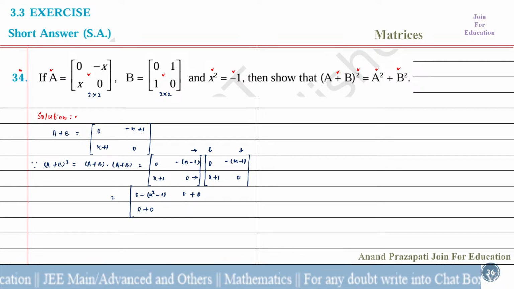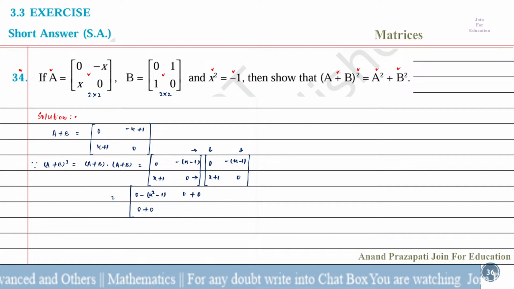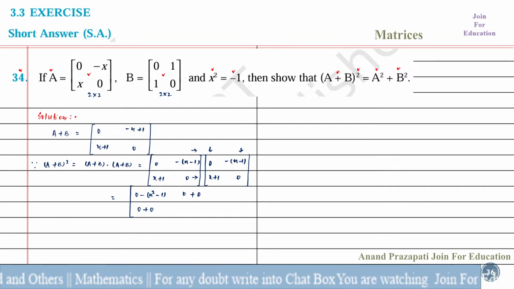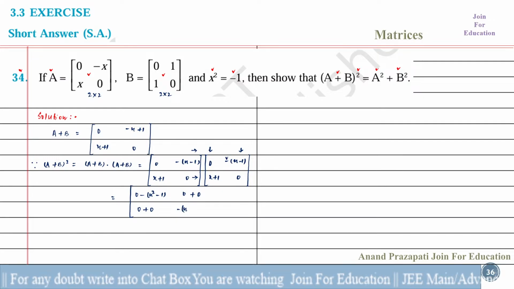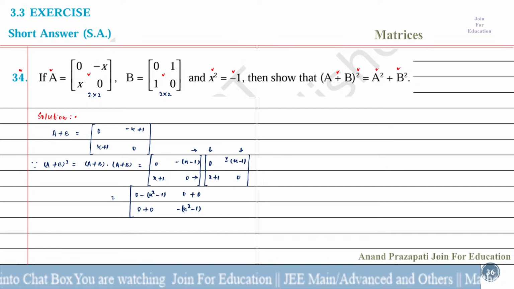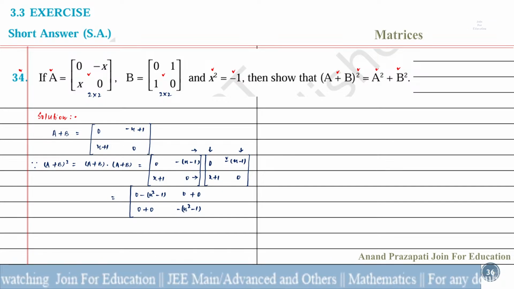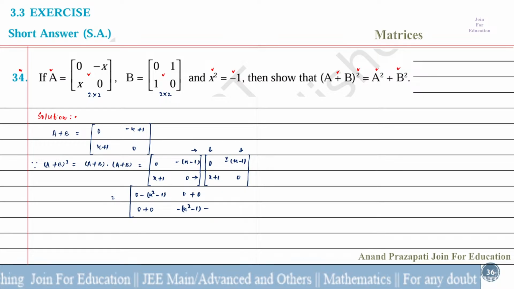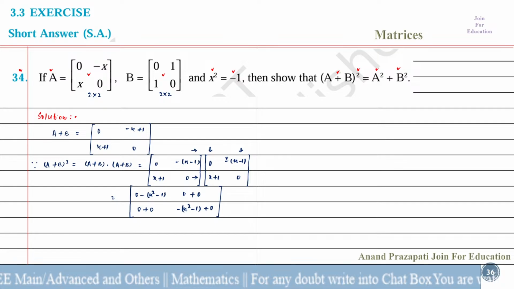So x plus 1 into x minus 1 equal to x square minus 1 and this is the minus. So we write down here minus x square minus 1. 0 into 0 will be 0. Observe there is no problem to understand up to this step.